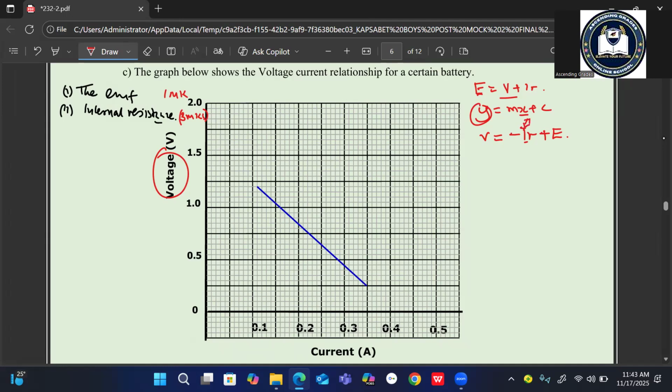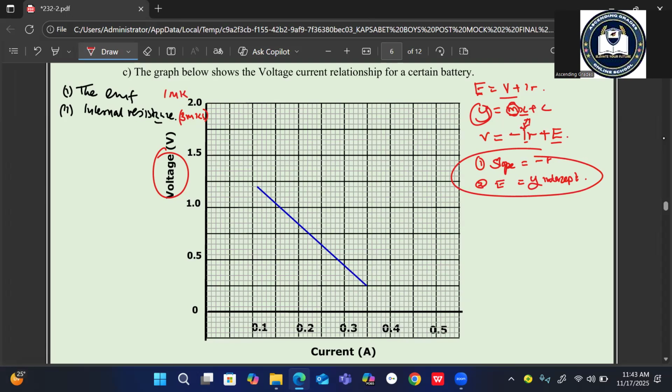So this means that our gradient will be giving us negative R. So the first thing, we can say that our slope will be giving us negative R. Then number 2, our EMF will be the same as the Y, supposed to be the y-intercept, yes, the y-intercept. So from these two, we can relate.